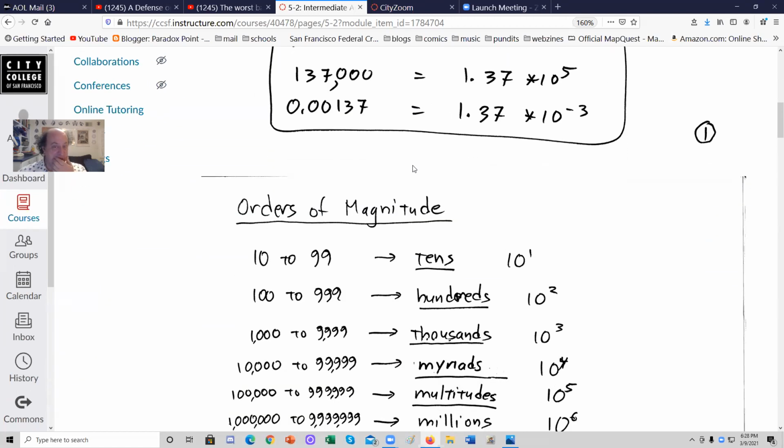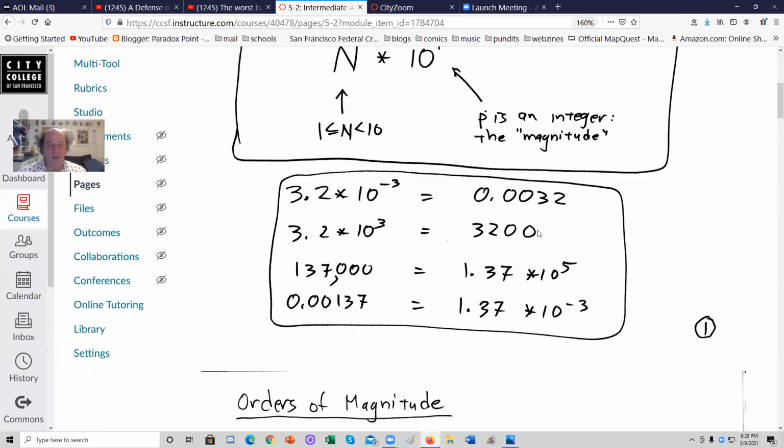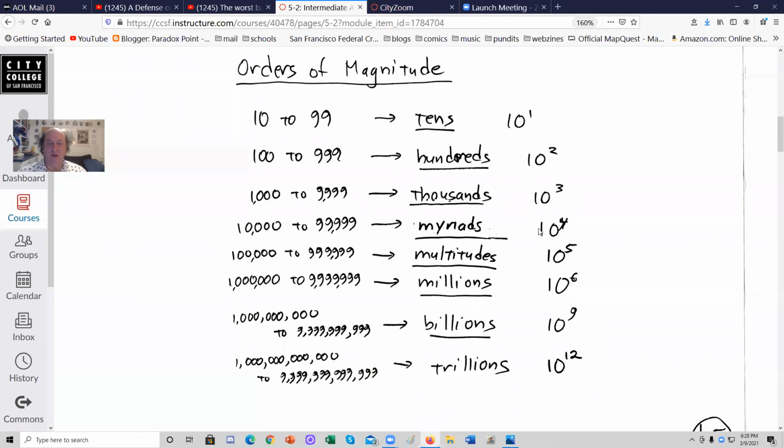Now, these orders of magnitude go by various names. From 10 to 99, those are in the tens, so we have 10 to the first. From 100 to 999, that's in the hundreds, so it's something times 10 to the second. From 1,000 to 9,999, that's in the thousands, 10 to the third.